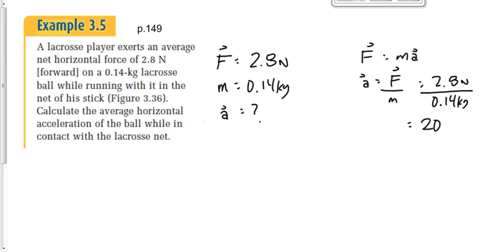What are the units? Meters per second squared. Or... Max? Yeah, that's a good question, actually. Yeah, mass needs to always be measured in kilograms. 20 meters per second squared or 20, no, good guess though.